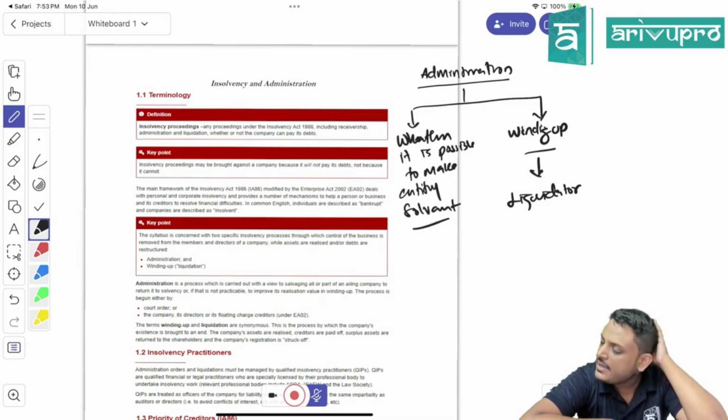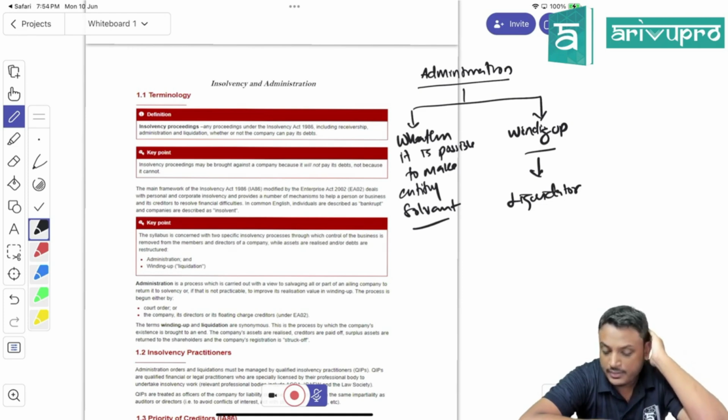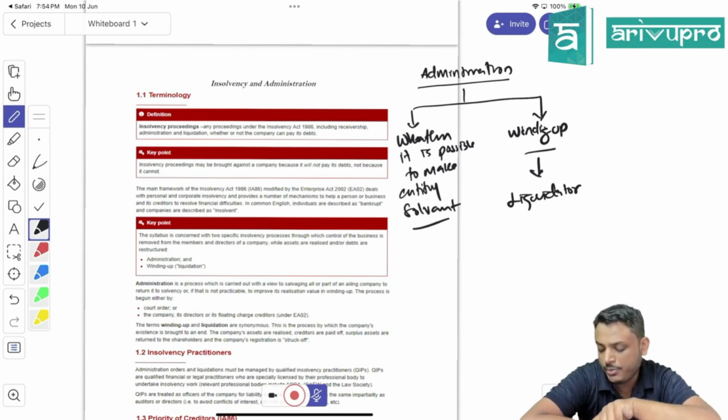When the entity decides to wind up, need to improve the value in winding up.